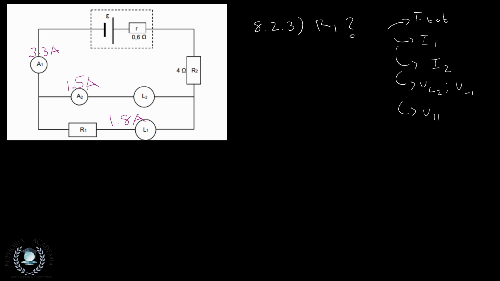So we can use the voltage as well as the current to find what our R1 resistance is going to be, with regard to the voltage drop across it. Let us get into it.